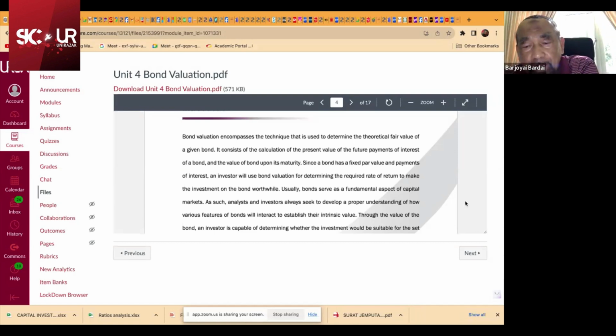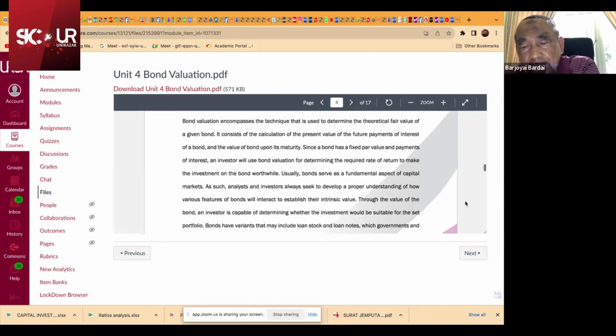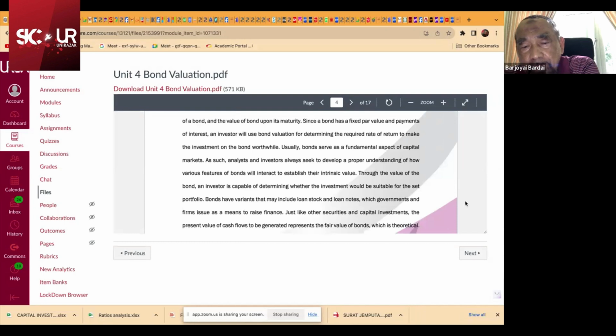Through the value of the bond, an investor is capable of determining whether the investment would be suitable for the set portfolio. Bonds have variants that may include loan stock and loan notes, which governments and firms issue as a means to raise finance.